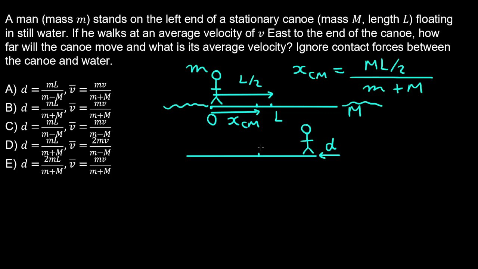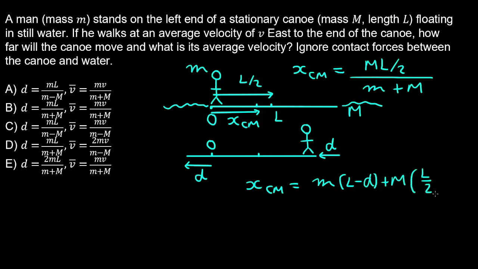So if we compute the center of mass of the system relative to the same origin, where the distance the canoe has moved is equal to d, we have the center of mass in this case relative to the origin is the mass of the man times the length of the canoe minus d plus the mass of the canoe times the length on 2 minus d. And dividing by the total mass of the system, we have the mass of the person plus the mass of the canoe.